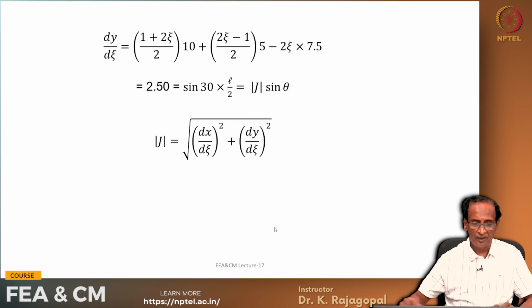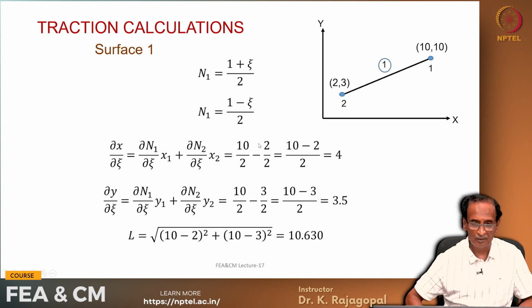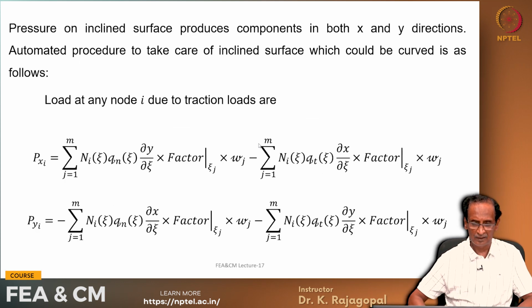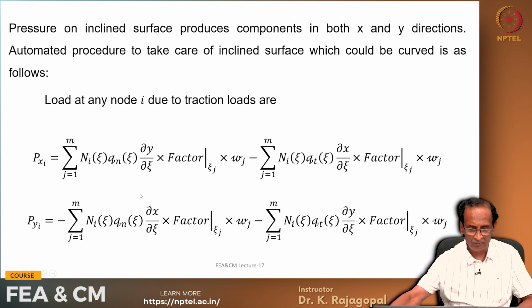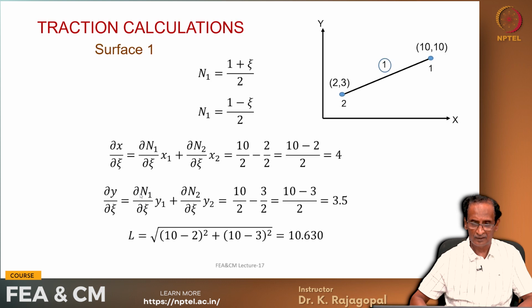Similarly ∂y/∂ξ is 2.5, that is sine 30 times mod J, sine theta times mod J, where mod J is the square root of (∂x/∂ξ) squared plus (∂y/∂ξ) squared. So we can easily apply these equations to directly calculate our forces in different coordinate directions.